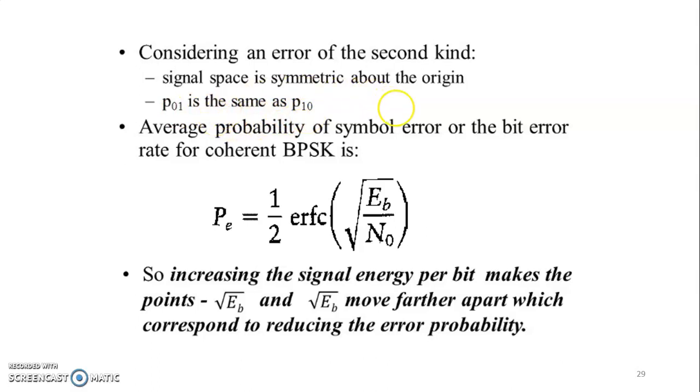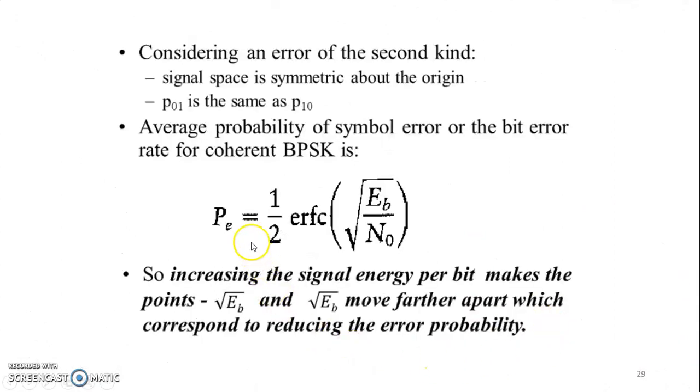So the average probability of symbol error, or the bit error rate, for coherent BPSK is represented as PE, which is equal to half ERFC of root EB by N0. The same holds for P01, so the average is half ERFC of root EB by N0.